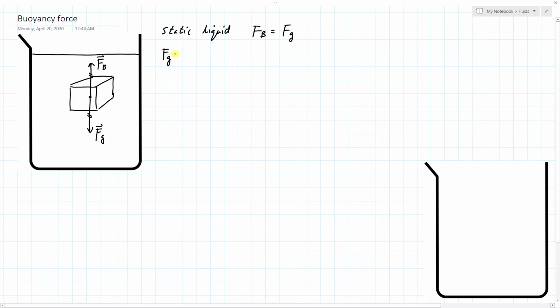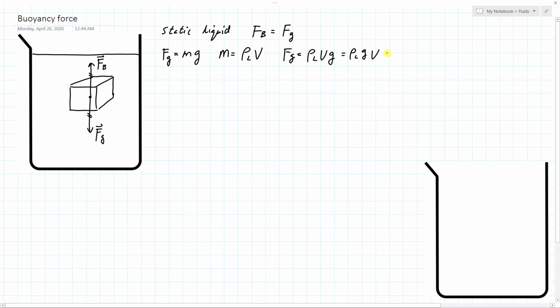So gravity of this volume of water should be mass times gravitational constant. And mass, because we're dealing with liquid, we can use the density of liquid times the volume. Okay, so now we have gravity in terms of density and volume and gravity, and we typically order the terms this way: rho g times V. So rho is the liquid density, g is gravitational constant, and V is the volume of that liquid.